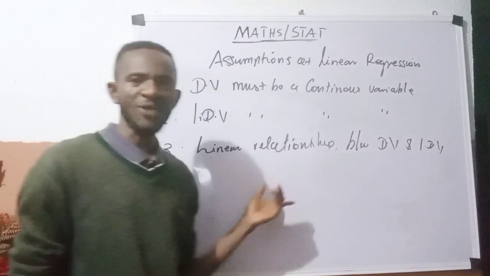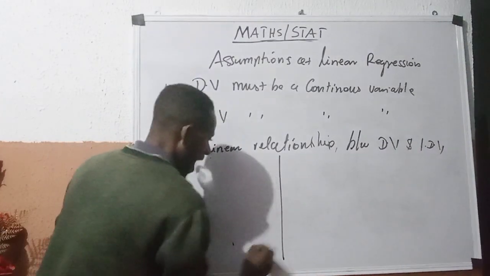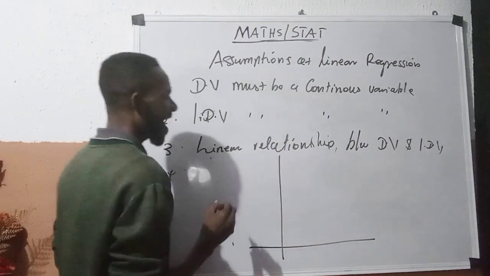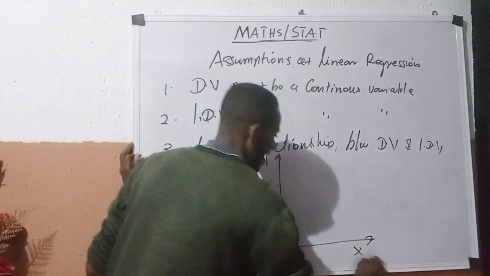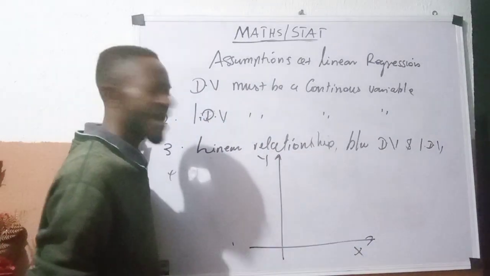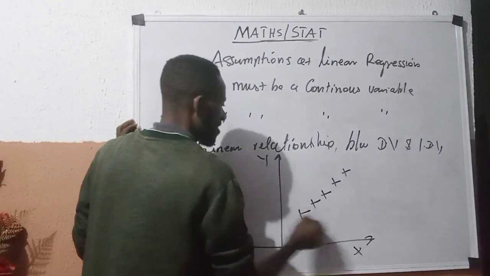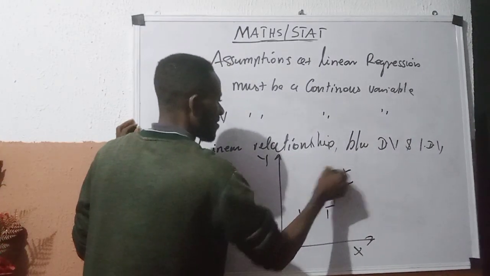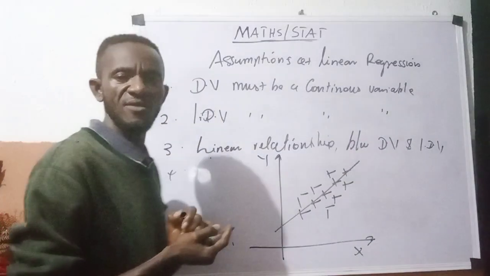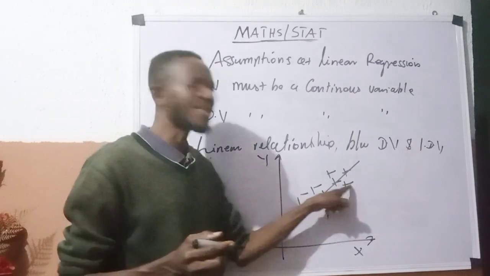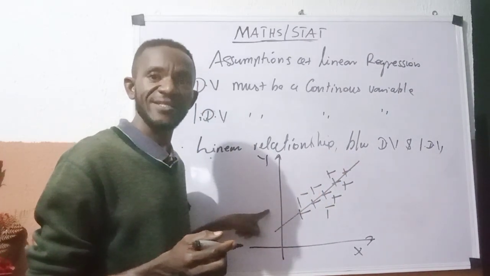And how to show this outlier here? You can have our scatter diagram equally. Here is y, here is my x. And maybe you have a line that goes this way, meaning that all the data points cluster around the line.